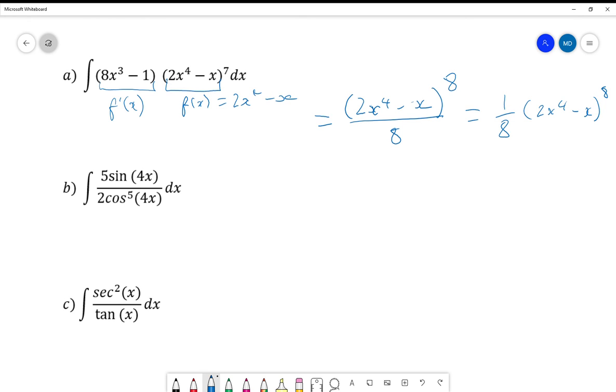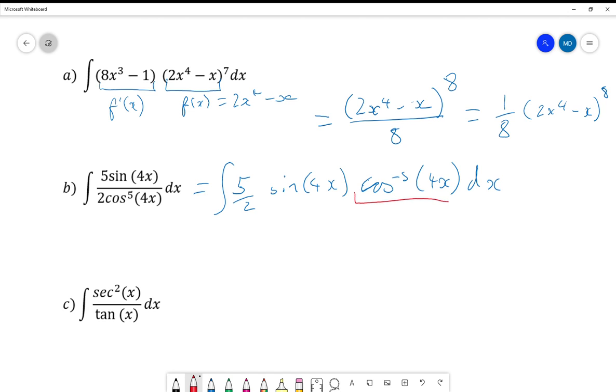Now this one here, first of all, we're going to want to rewrite it as the integral of 5 over 2 sine of 4x multiplied by cosine to the negative 5 of 4x dx. And so our cosine's got a negative power, and now we've got exactly the same thing.